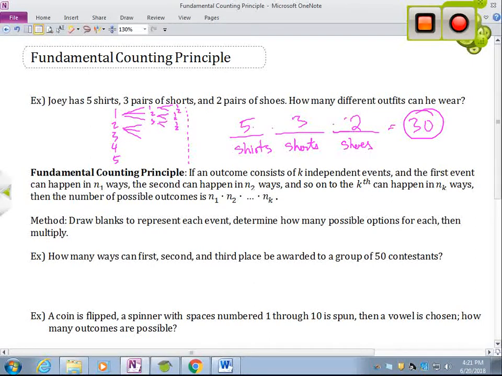What we've just used here is called the fundamental counting principle, which states if an outcome consists of k independent events. Remember, independent means the outcome of the first doesn't affect the outcome of the second. So like when you're talking about rolling dice, rolling a 3 the first time doesn't change your possible options for the second roll.